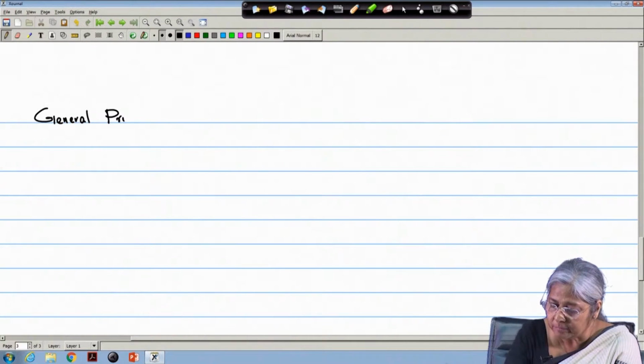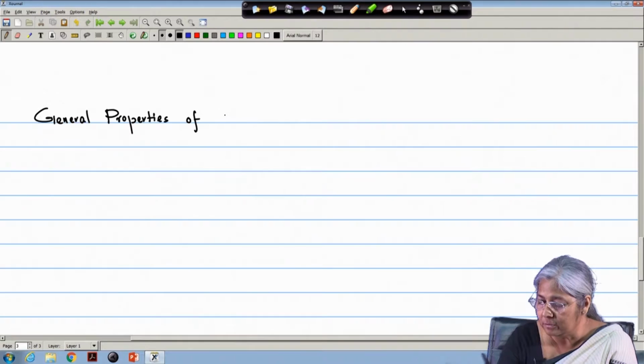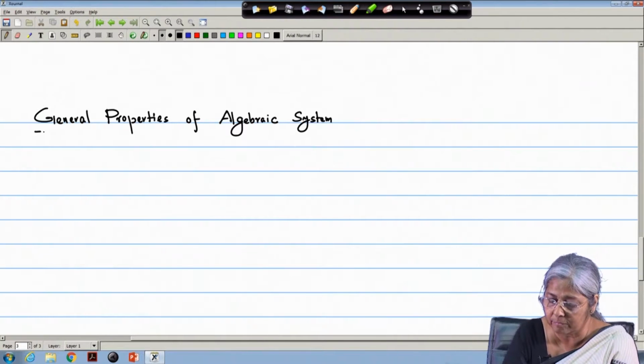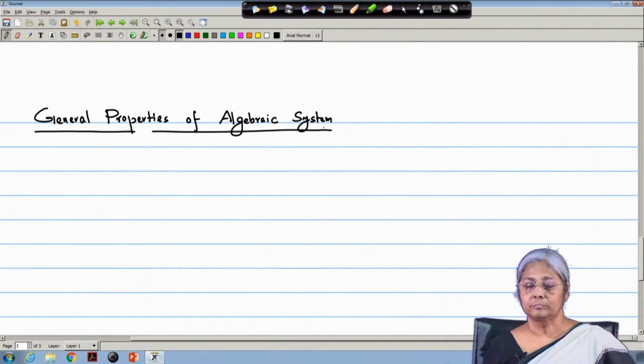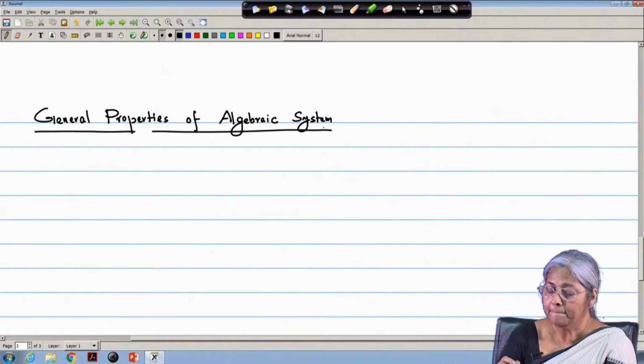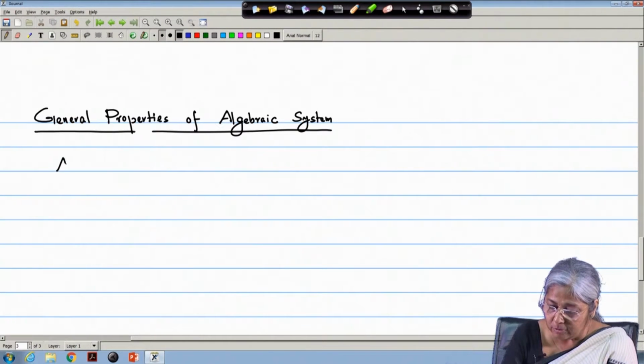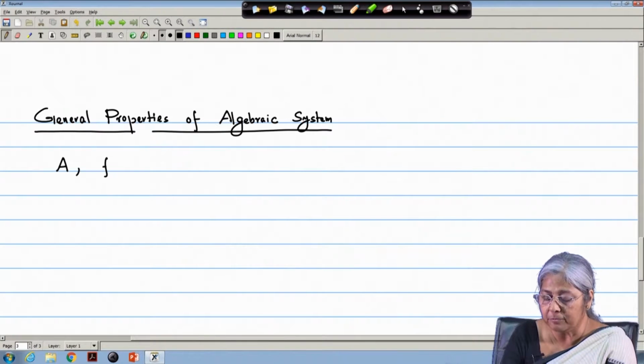Some general properties of the algebraic systems we have just defined: the non-empty set A and the different functions or operations F1, F2, etc.